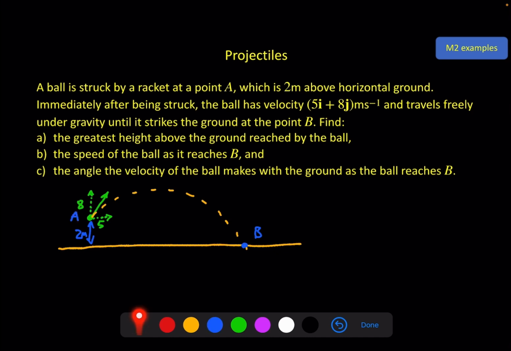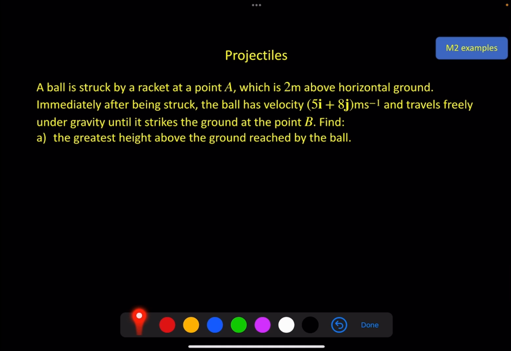A nice thing about this example is the velocity given in this form is already split into its components, 5 and 8. So for the greatest height above the ground reached by the ball, similar to the first example, we're going to be looking at resolving vertically. Taking upwards to be positive gives me minus 9.8 on my acceleration. The initial speed we know is 8 vertically.